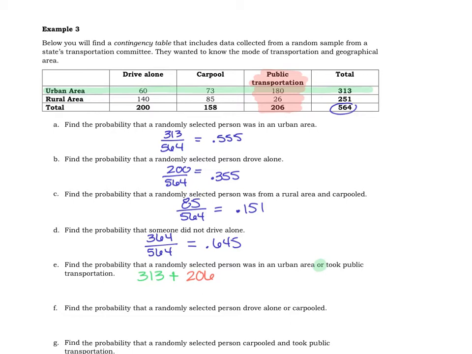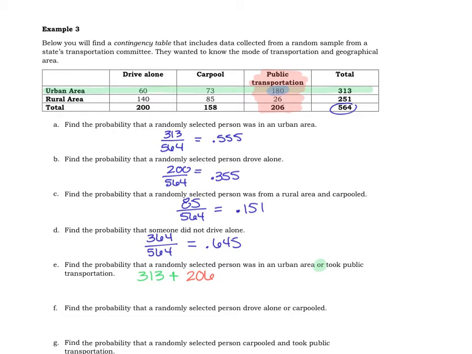However, let me grab a different color highlighter here. We'll try to get a little blue. Those 180 people right there were counted as both part of the urban area total and part of the public transportation total. Those are the people that were counted twice.